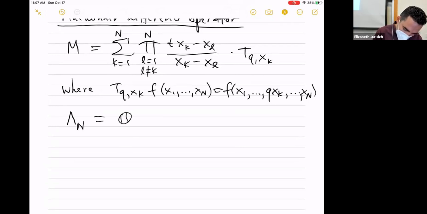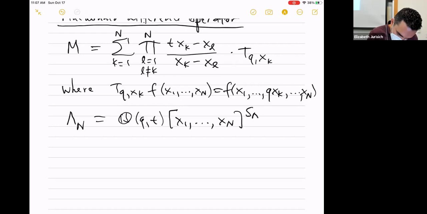So here's the abstract way to say what the coefficients are. They're rational functions in q and t. And then we have these variables and invariant with respect to the symmetric group, so permutations of the variables.